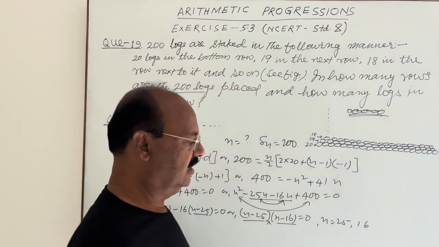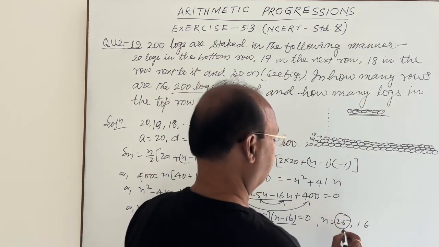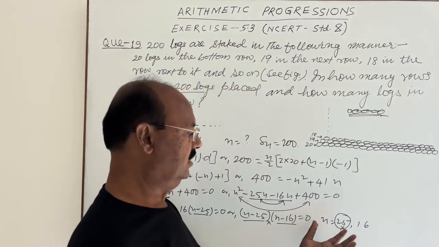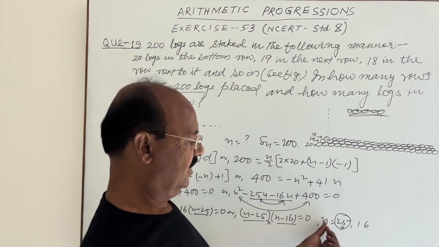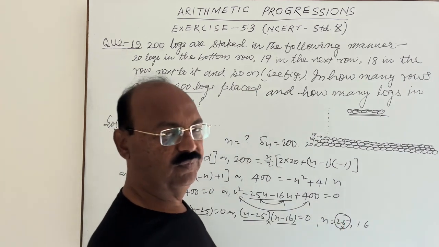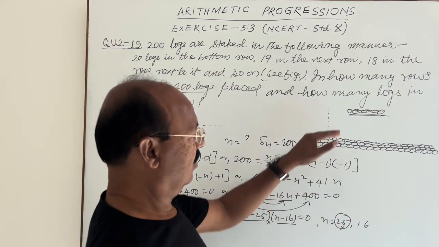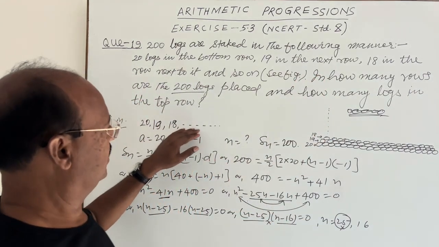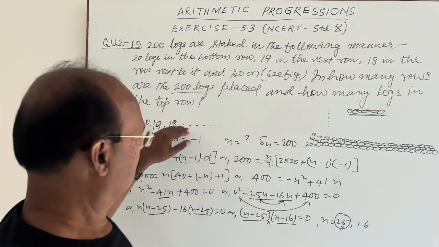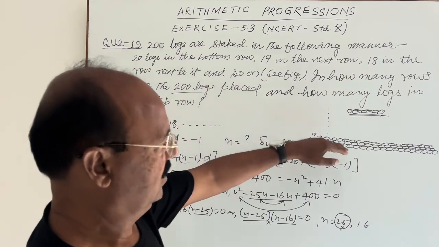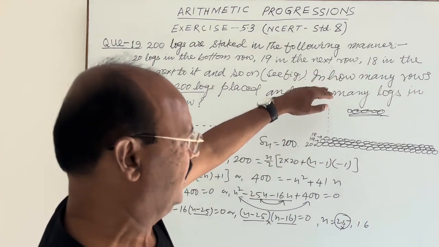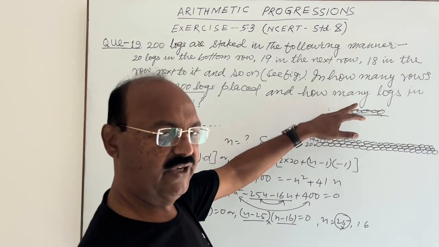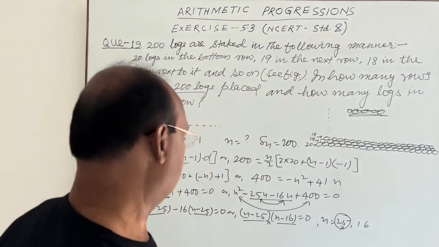But we will see here that the value n equal to 25 will not be accepted. Why? Because the number of logs is decreasing in rows in this order, so when you come to the 25th row, the number of logs becomes negative. How can we check it?